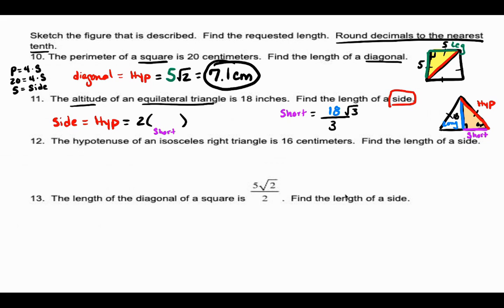So it turns out 3 goes into 18 6 times. So we have 6 square root of 3. So when we do our multiplication, we're going to do 2 times our 6 square root of 3. And when we round it to the nearest tenth, we're going to get 31.2 inches.